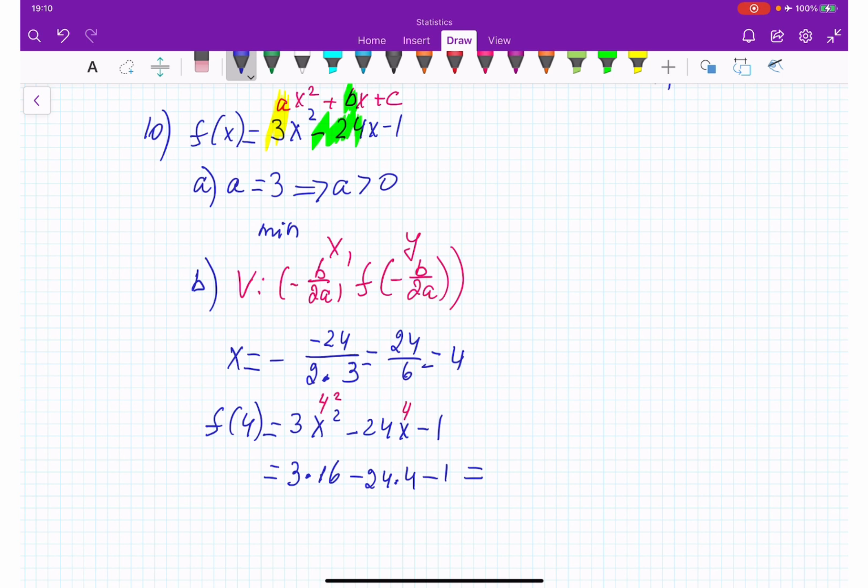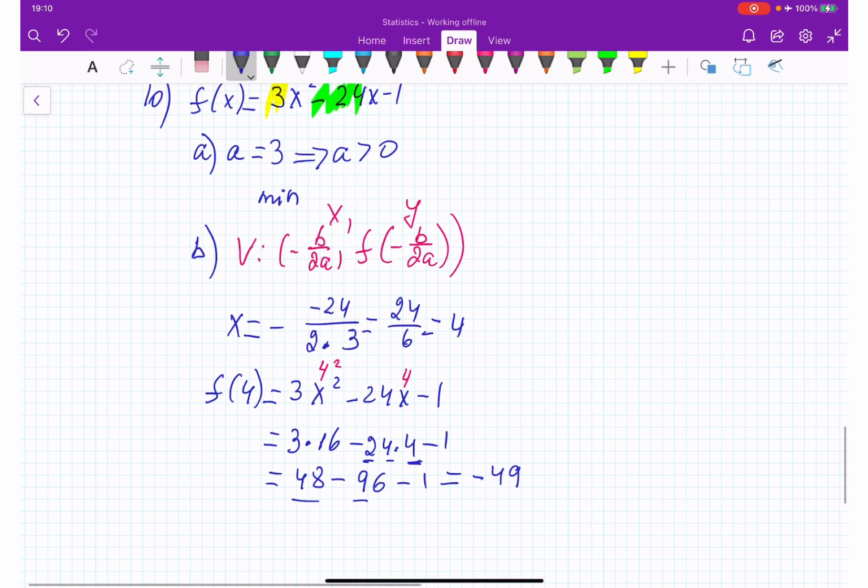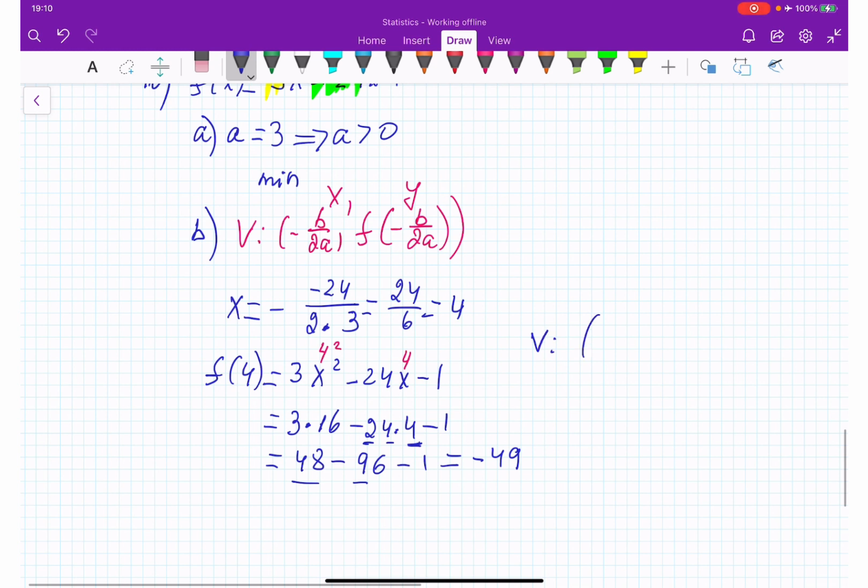The result is 3 times 16, which is 48, minus 24 times 4, which is 96, minus 1. Okay, and it's going to be 48 minus 96. It's going to be negative 48, and negative 1, negative 49. So the vertex is going to be 4 and negative 49.